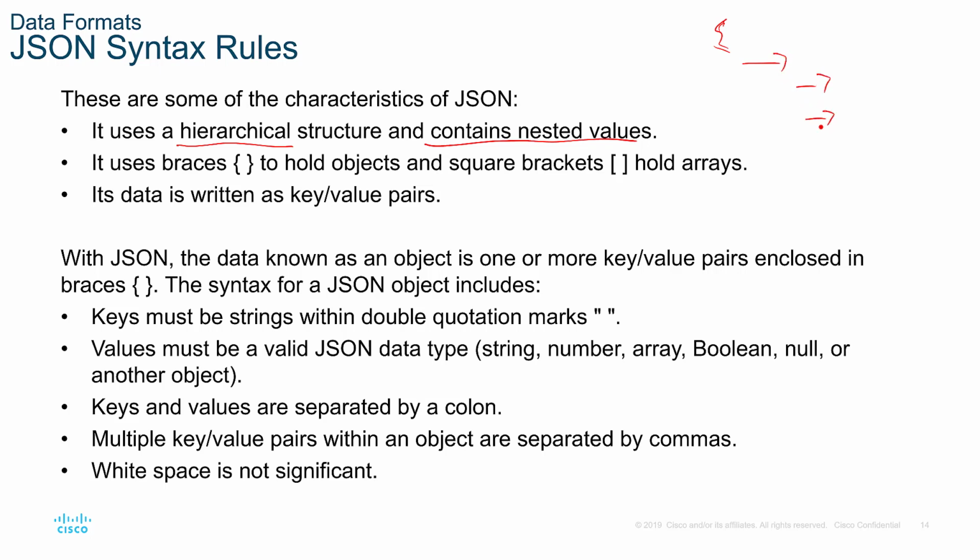It's going to be very nested. So keep that in mind. It uses braces to hold objects and square brackets to hold arrays. So square brackets are for arrays, curly brackets are for objects. So keep that in mind.